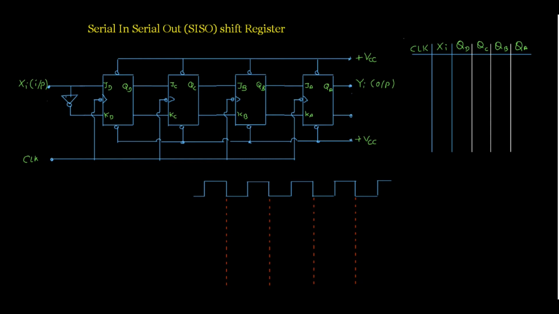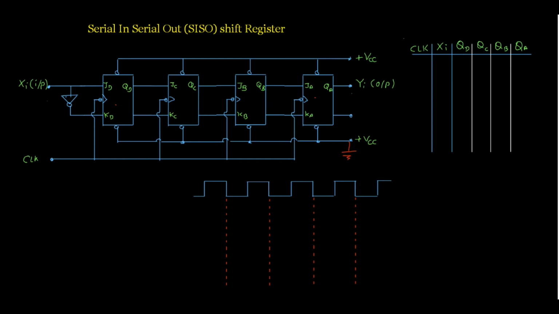For the operation, first of all we have to clear out all the SIPO registers, remember, because whenever we switch on the circuit, the output of the flip-flop will be undetermined. We do not know whether the output of the flip-flop is going to be high or low. So before you enter any data, we have to reset the flip-flop, and for clearing the SIPO register, first of all we have to connect this terminal to the ground.